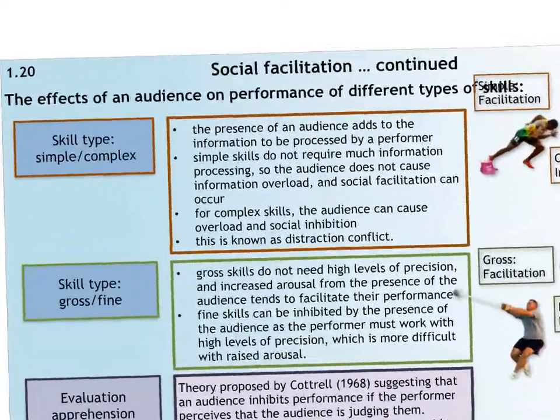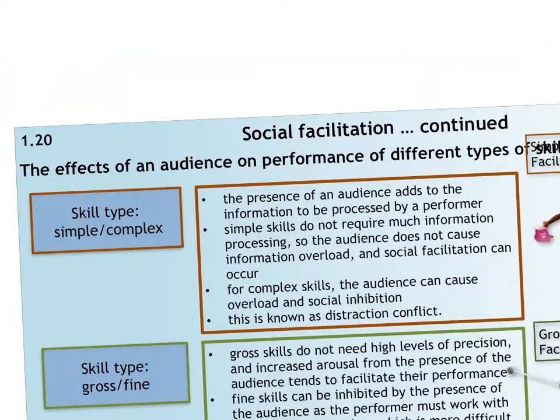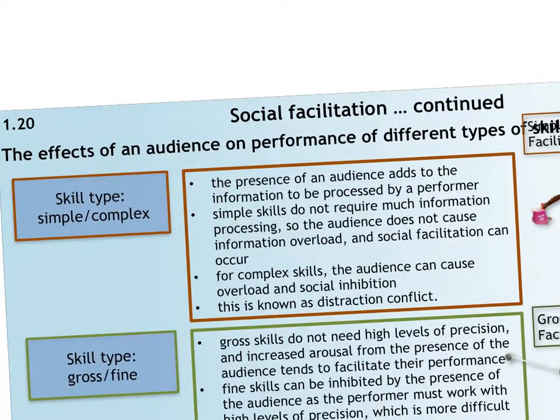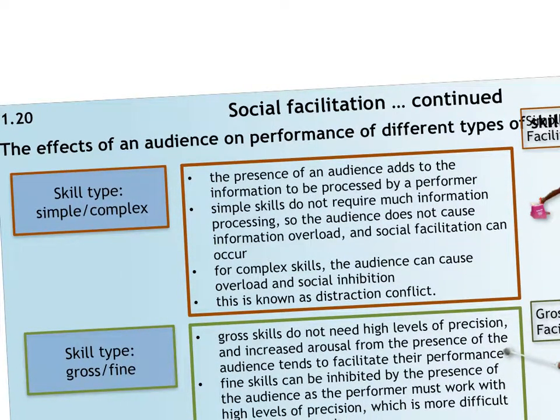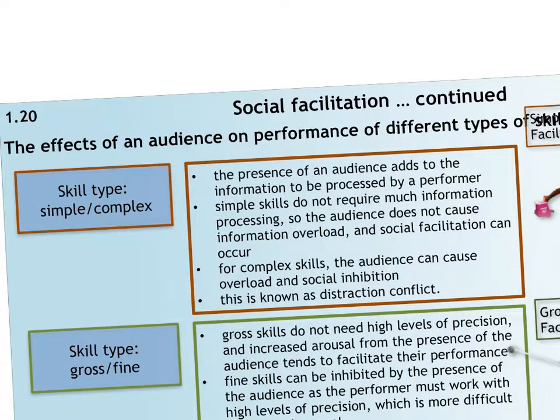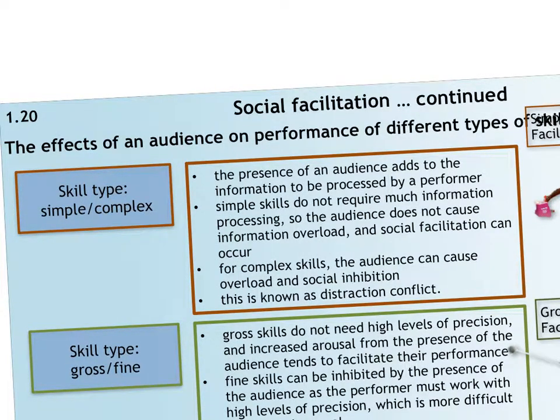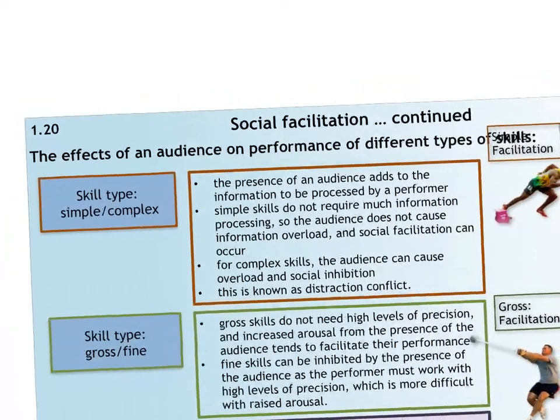So we'll look here, it can be the skill. If we take a simple and a complex skill, the presence of an audience adds to the information to be processed by the performer. Simple skills do not require much information processing, so the audience does not cause information overload, and facilitation can occur. For complex skills, the audience can cause overload and inhibition. This is known as a distraction conflict. If you think of a complex skill, you've already got lots of things to process, but on top of that, you're going to have the audience.